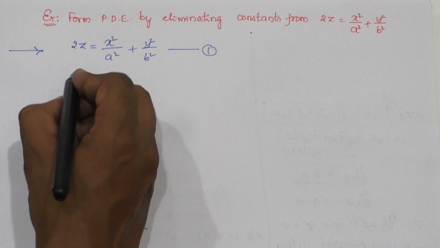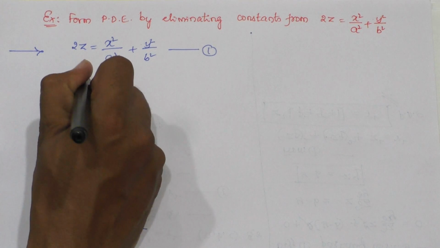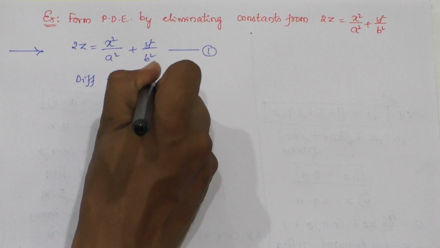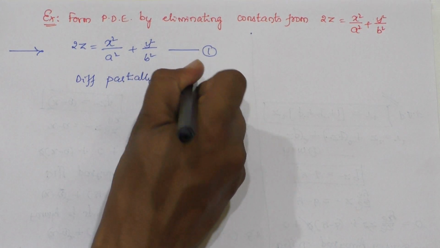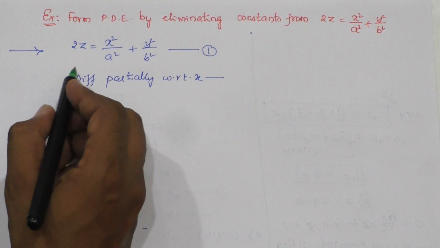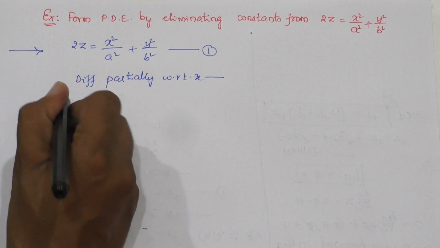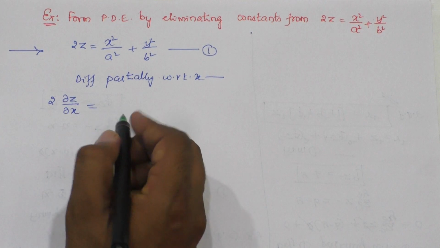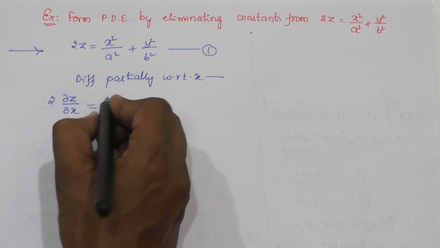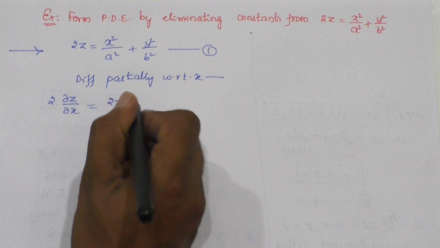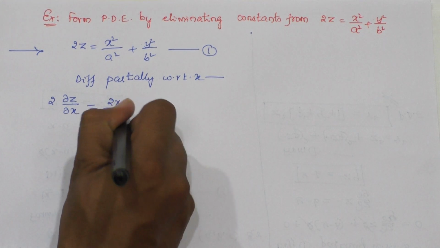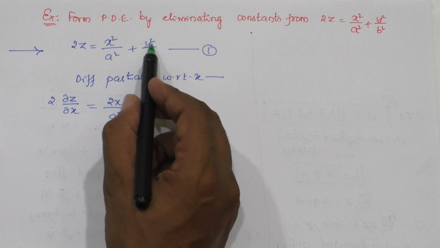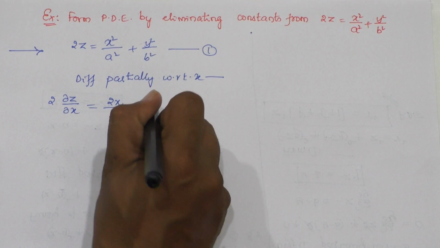Now, differentiate the given equation partially with respect to x. 2z differentiation with respect to x gives 2 dou z by dou x, equal to x square differentiation 2x divided by a square, plus y, the other variable, we treat as constant, so its derivative is 0.